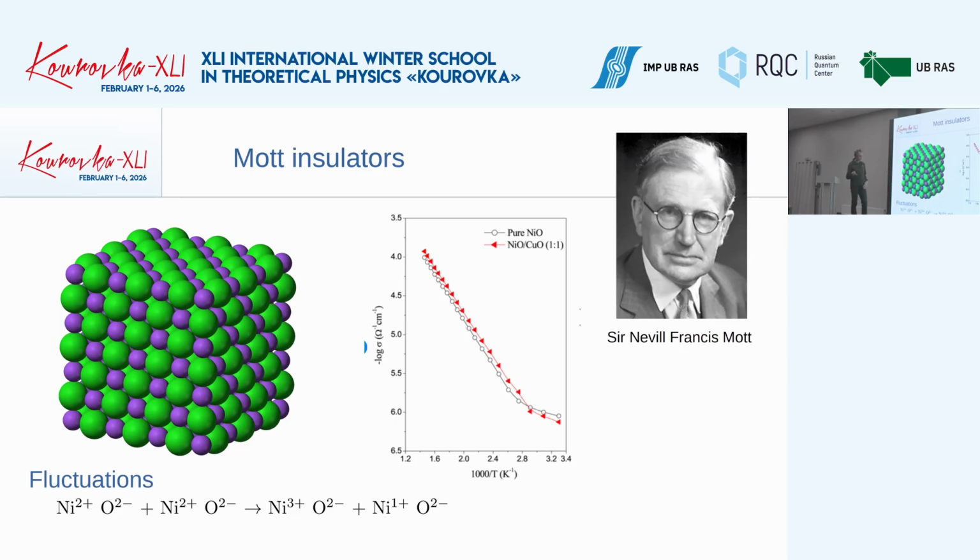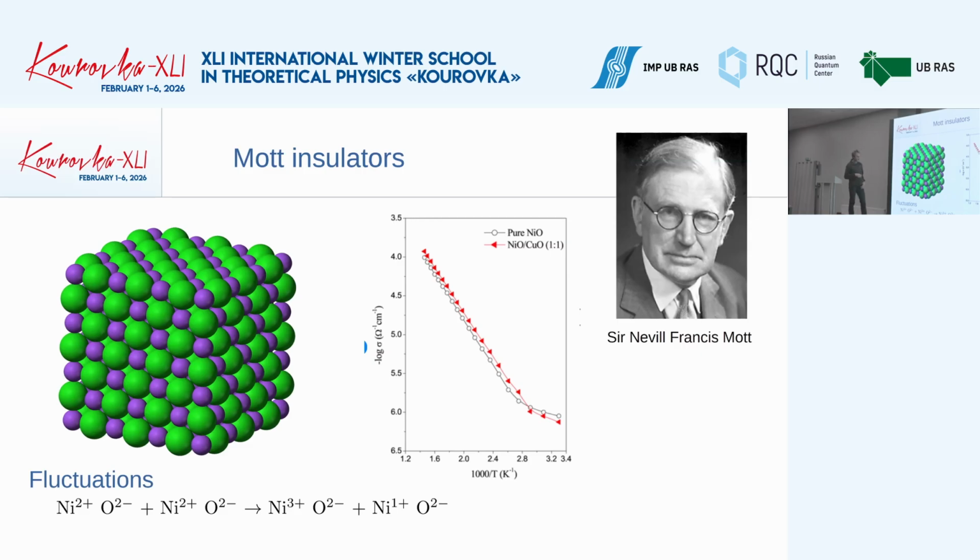Why can this happen? Because of the Coulomb interaction. It is energetically more favorable to have the right-hand side of this equation than the left-hand side, because of what is nowadays called Hubbard U.